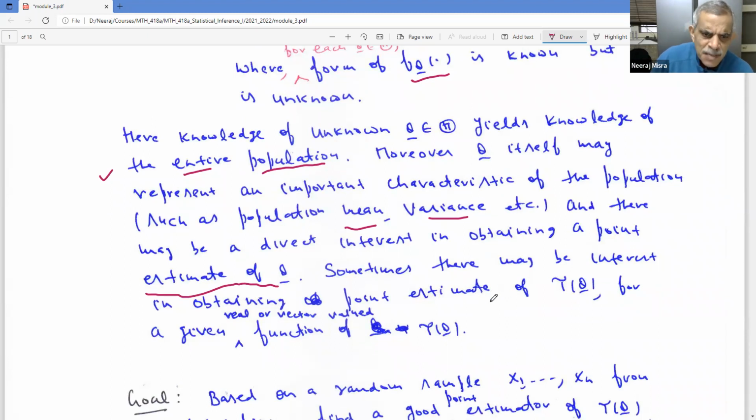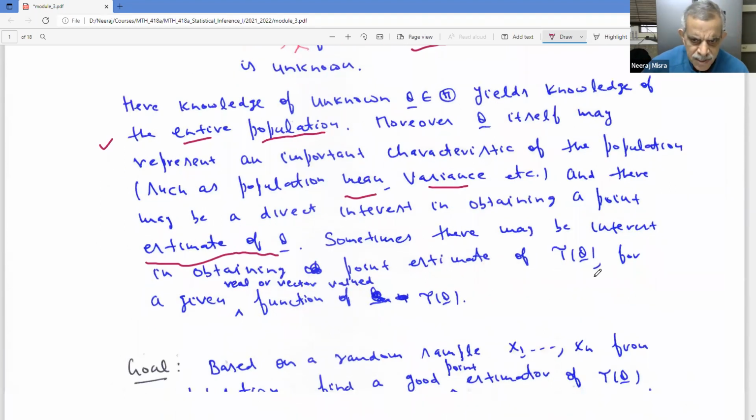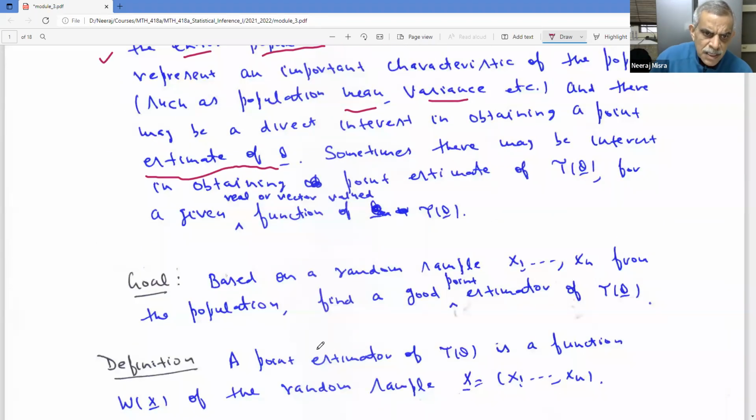Now, sometimes there may be an interest in obtaining a point estimate of some function of theta. So there may not be a direct interest in theta itself, but in some function of theta, for a given function tau(theta). So the goal is that, based on a random sample x1, x2, ..., xn from the population, we find a good estimator of tau(theta).